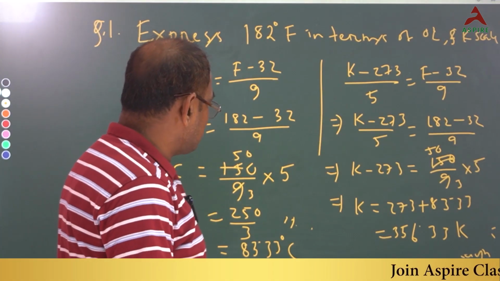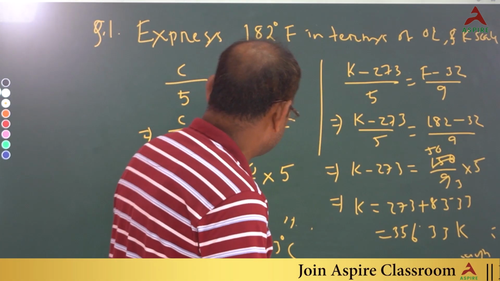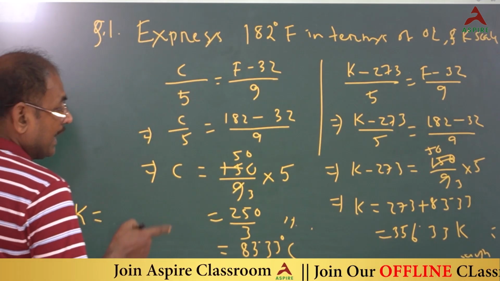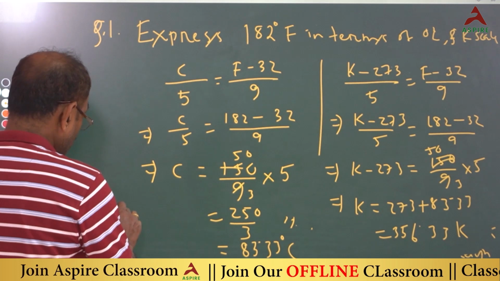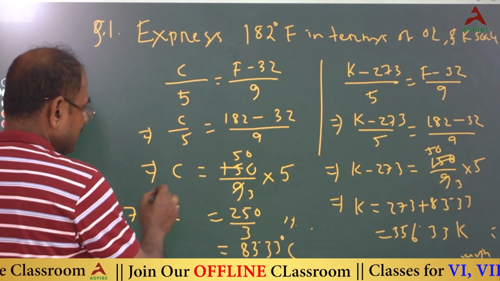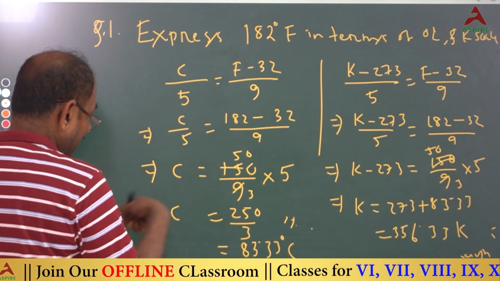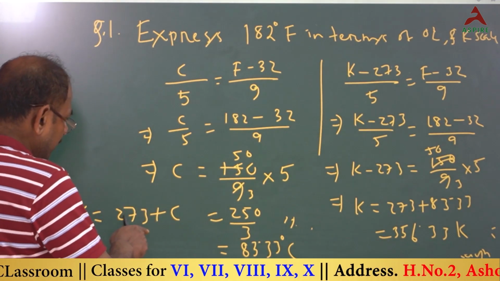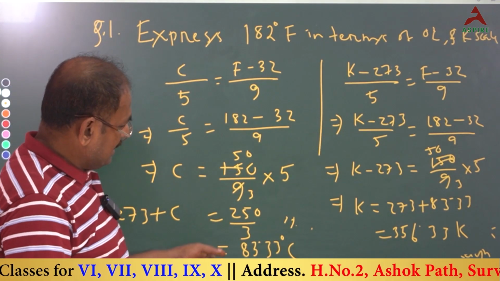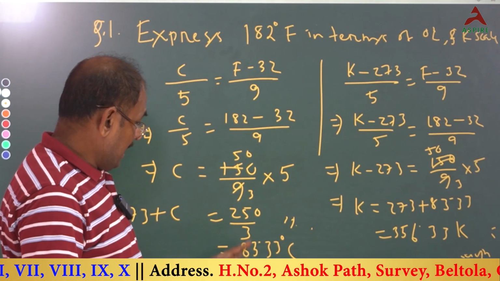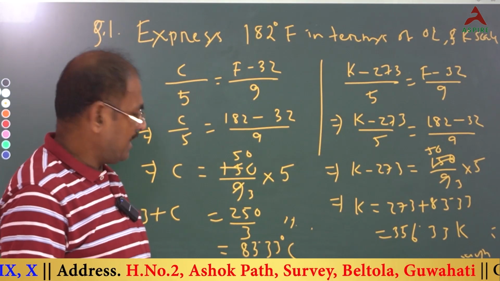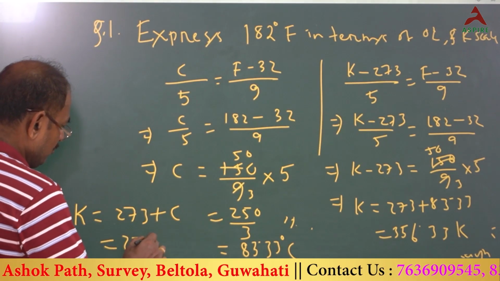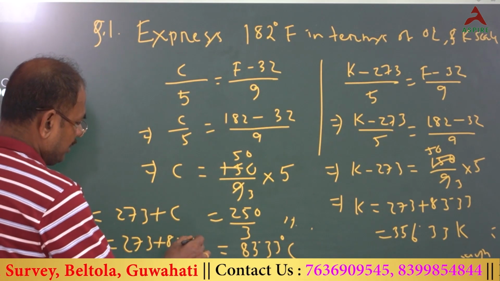From degree Celsius scale to Kelvin scale, we can also express directly like this: K equals 273 plus C. We already found C as 83.33 degree Celsius, so K equals 273 plus 83.33.